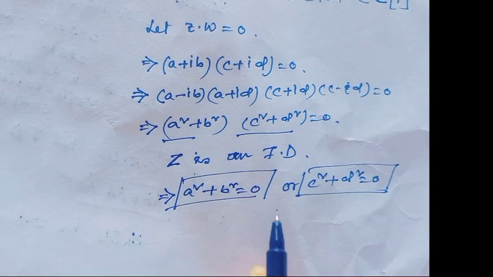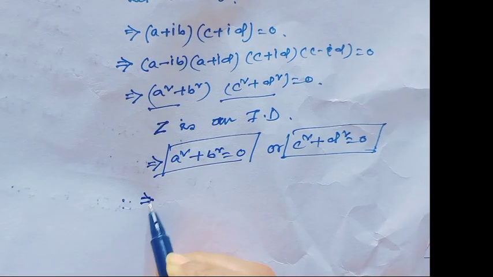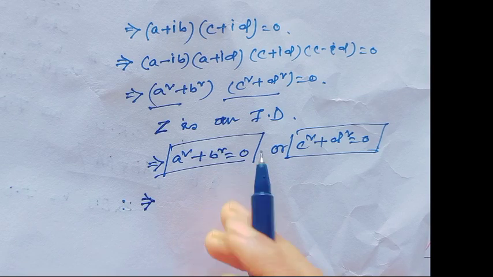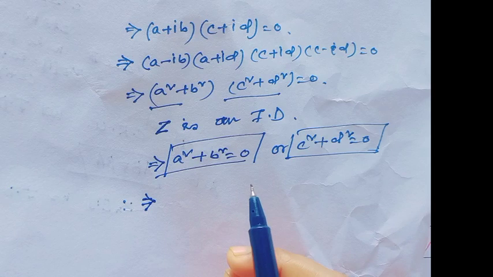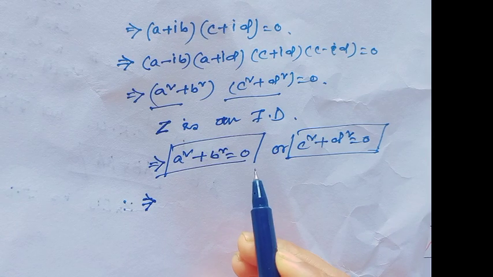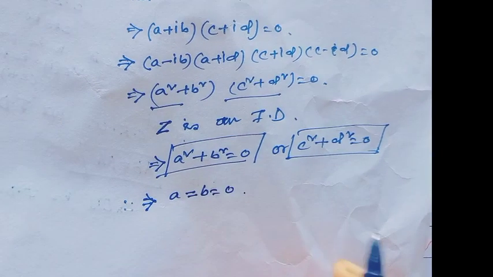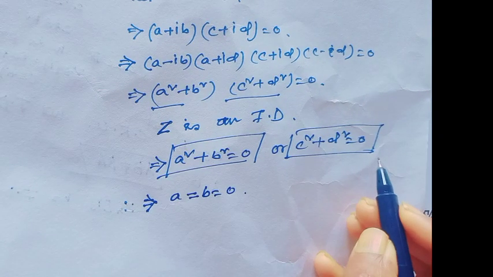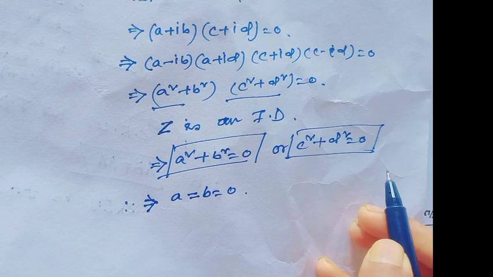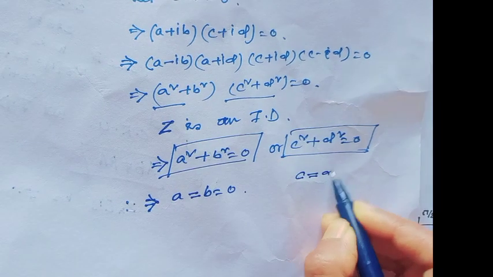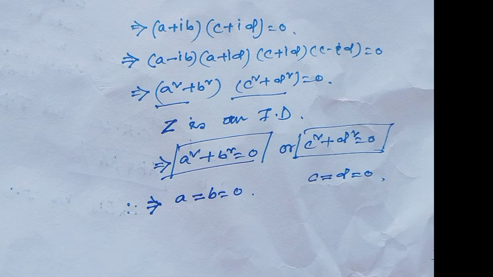And a square plus b square equals 0: from this expression we can tell, since these are real numbers, a square plus b square is always greater than 0 unless both are zero, and a square plus b square equals 0 is possible only when a equals b equals 0. Similarly, c square plus d square equals 0 is only possible when c equals d equals 0.